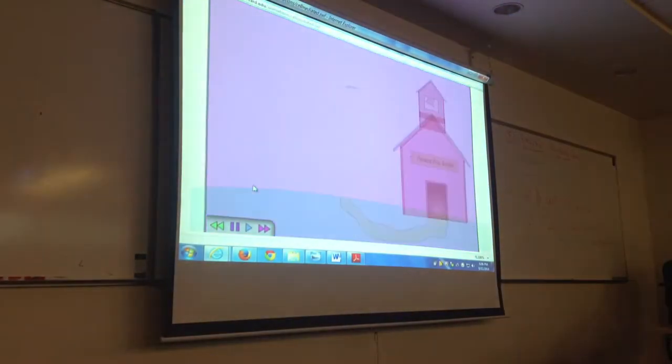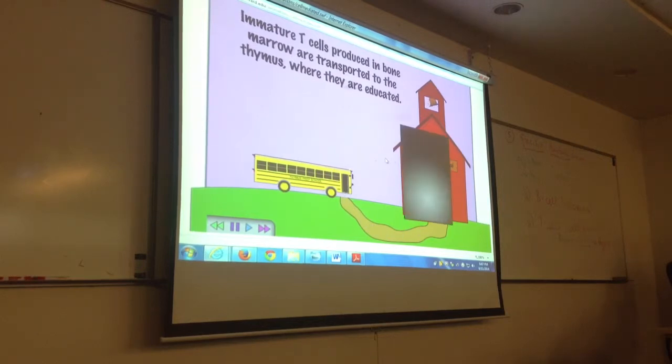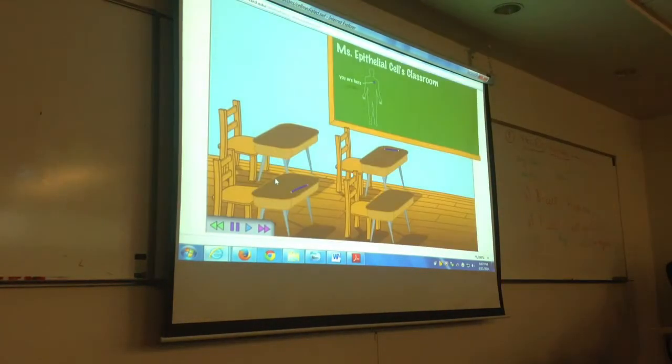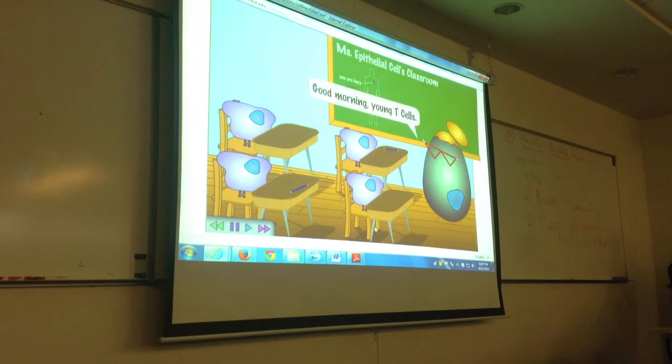This again is not anatomically correct. But here come the T cells out of the bone marrow where they're made. By the way, a teacher made this. And we're going to go to the thymus. This is epithelial cell. Good morning, T cells.